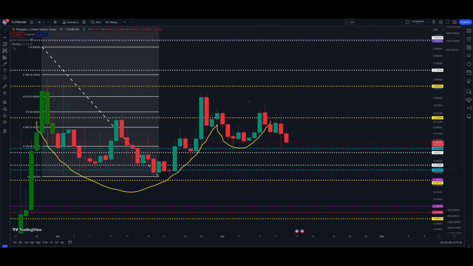So, like I said, this cup with handle is starting to really lose its great shape, being basically a perfect cup with handle. We pretty much have lost that the past couple days, after we printed this high here on the 9th of April. But we're going to leave it on there for a little bit longer and we'll see what happens with this price if it starts to move higher or not.